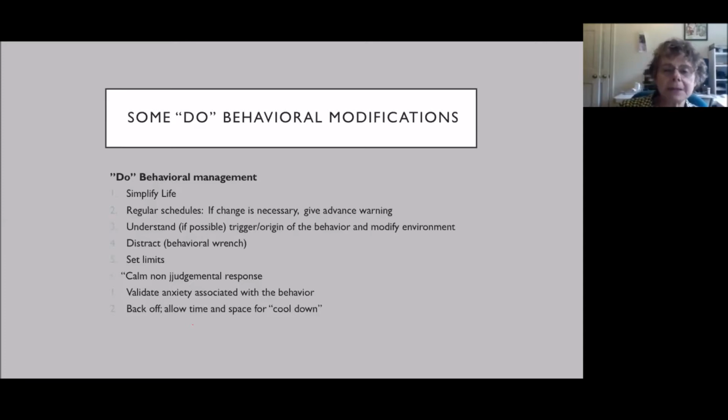This gives them time to switch without as much distress. Understand, if possible, the trigger or origin of the behavior. Does this behavior tend to happen more often when a certain individual is around or a certain situation occurs? Then try to modify those things.